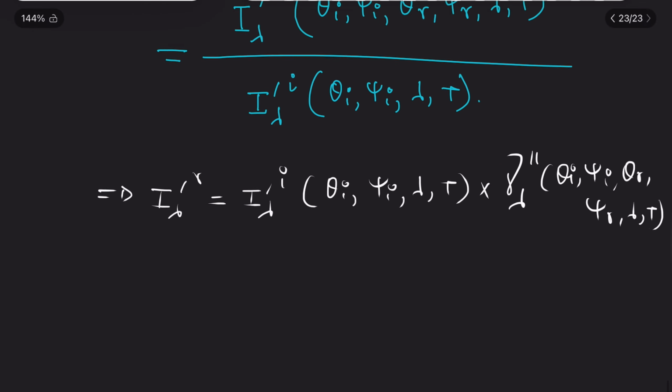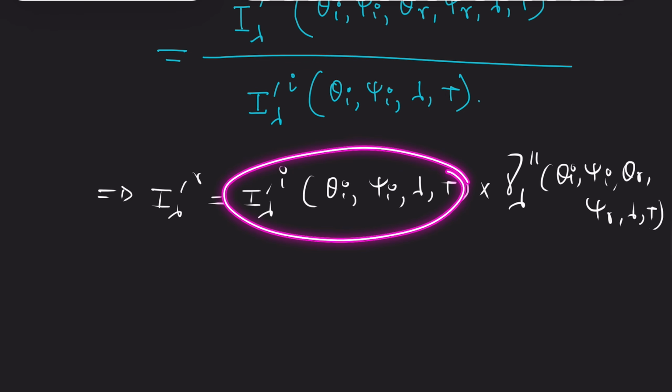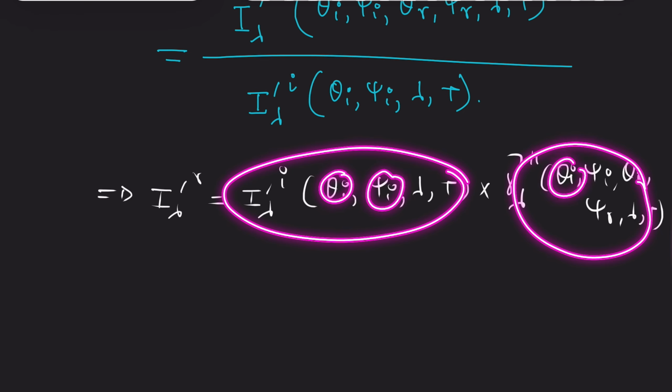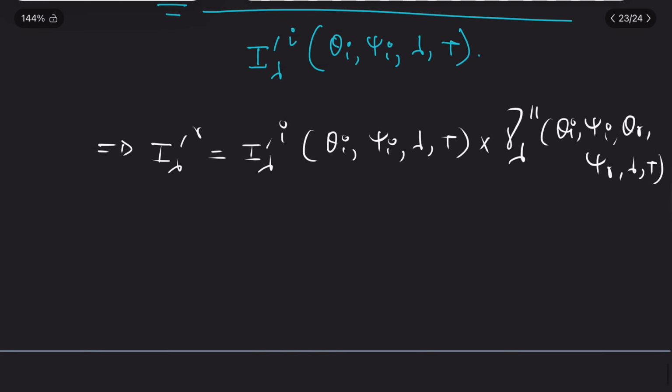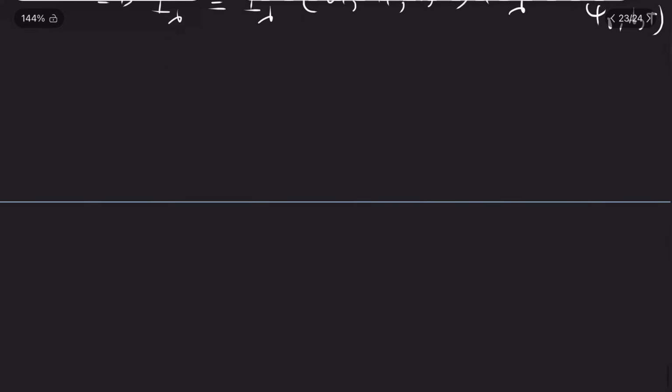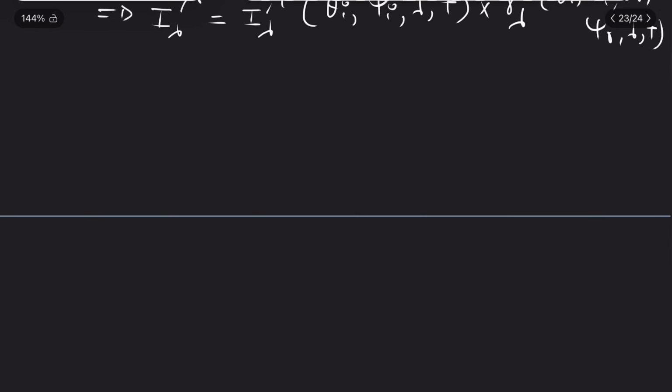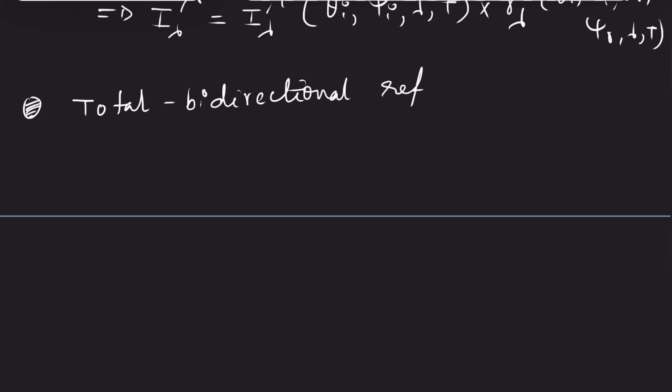Now you see here, this is a function of theta I and psi I only, but this is a function of theta I psi I theta r psi r. So that means this is a function of theta I psi I lambda t and theta r psi r. Clear? Okay, so let me continue. Now I will define something, the most easy thing now, that is the total bidirectional reflectivity.